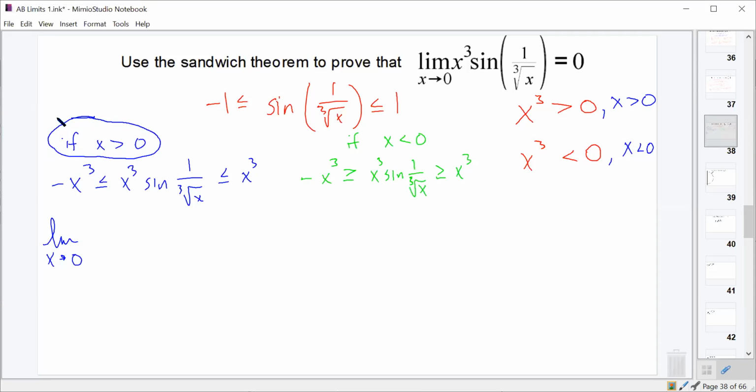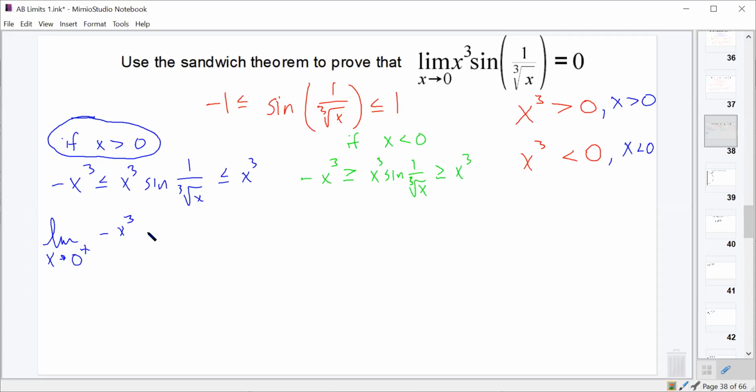So can I find the limit as x approaches 0 if I only have positive x values? Wouldn't you have to only do like the right side? I can only do the right side because I'm only looking at positive x values. I can't approach 0 from both sides. I can only approach from the right, which doesn't make the limit any more difficult per se.